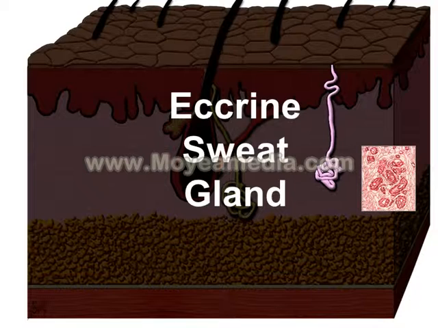The eccrine sweat gland has a lower coil, a straight segment of the duct, and then a curled, coiled intraepidermal acrosyringium.